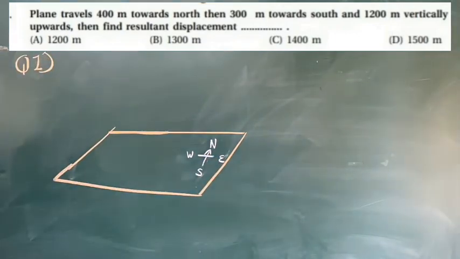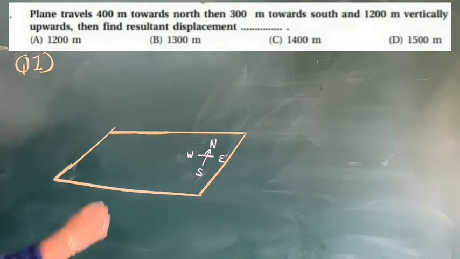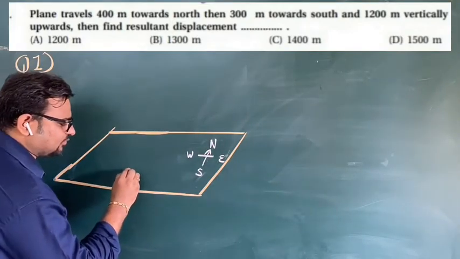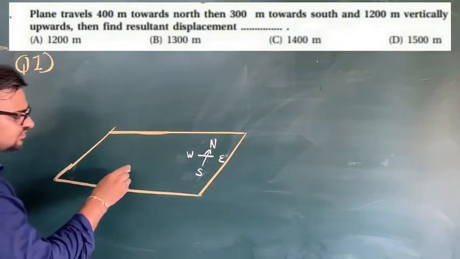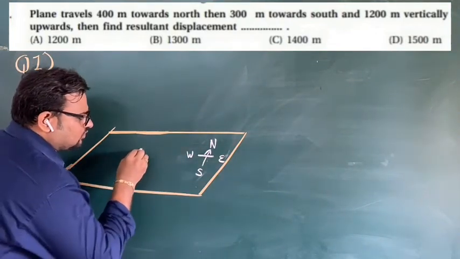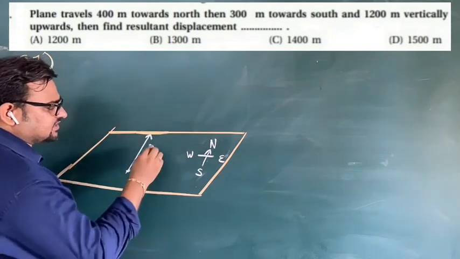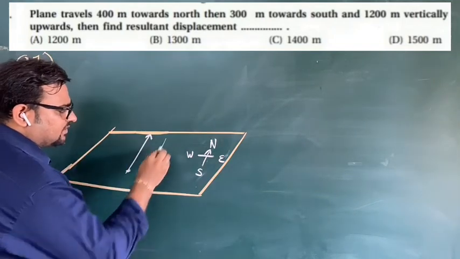See here, a plane is traveling 400 meters north. Let's say this is the starting point. In the horizontal plane, this distance is 400 meters.